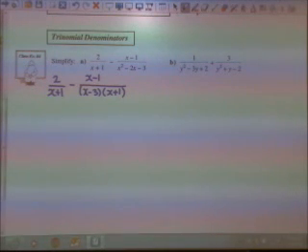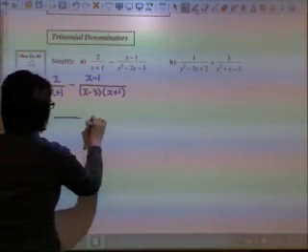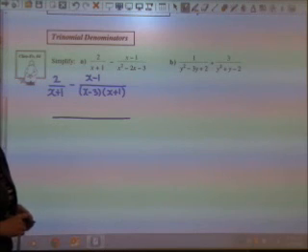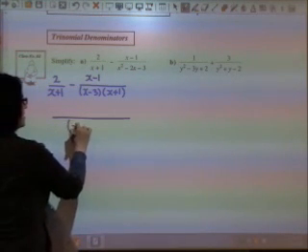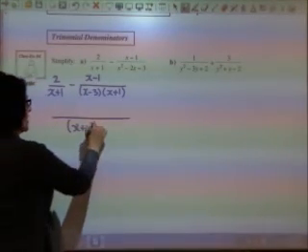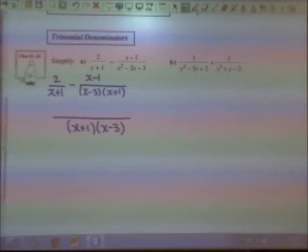Once I have my two expressions fully factored, then I can look at my common denominator. So what is my common denominator for this x plus 1 and x minus 3? So what do I have to multiply the first expression by?